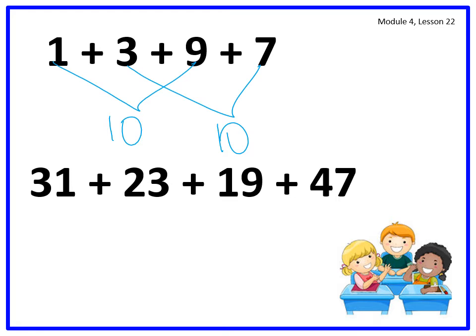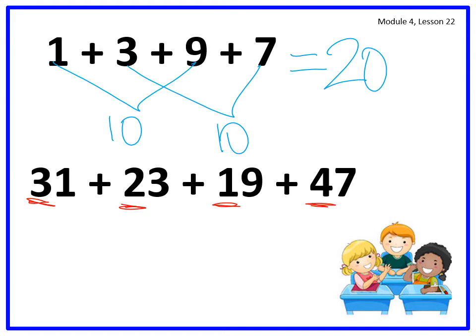Well, I notice that the ones digits are all the same, 1 plus 3 plus 9 plus 7. And we already solved that this problem equals 20. Since we have used our friends of 10, now we can look primarily at the tens place. We have 3 tens plus 2 tens plus 1 ten plus 4 tens.